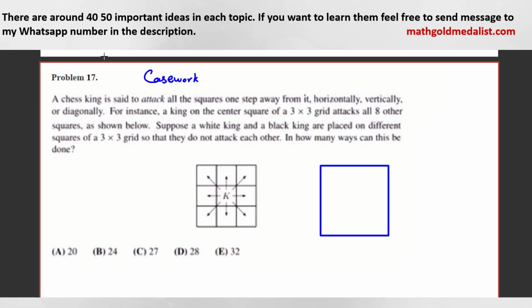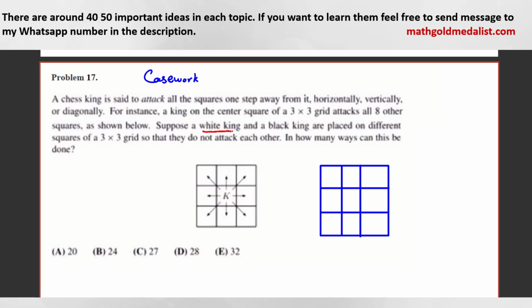As you can see, casework is very important in AMC 8, 10, 12, AIME, and a bit in USAMO. A small example is more useful in USAMO and USAJMO. If you see my videos, you can see USAMO 2023, where I released all the solutions.